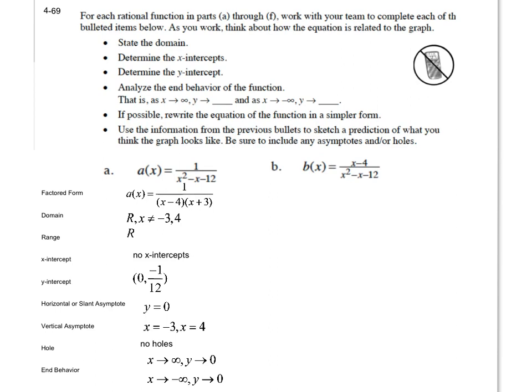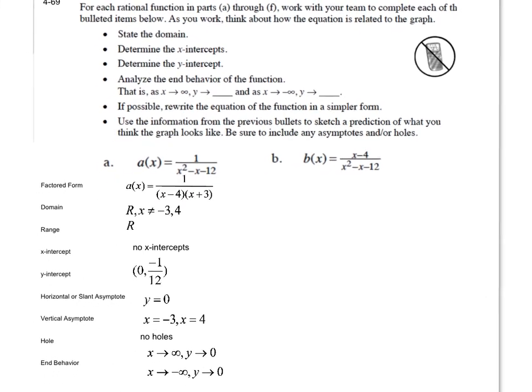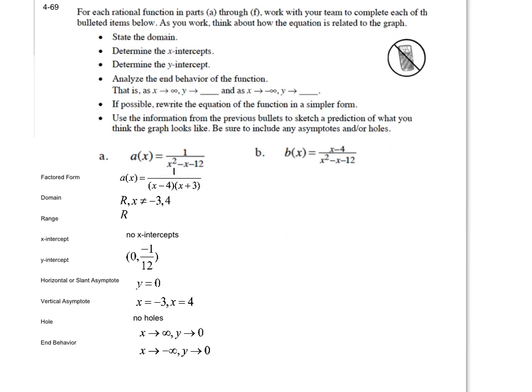We're going to analyze these functions. Now when we say analyze a function, what we're asking you to do is to look very closely at the domain, range, your x-intercepts, your y-intercepts, horizontal or slant asymptote, vertical asymptote, any holes, and the end behavior.